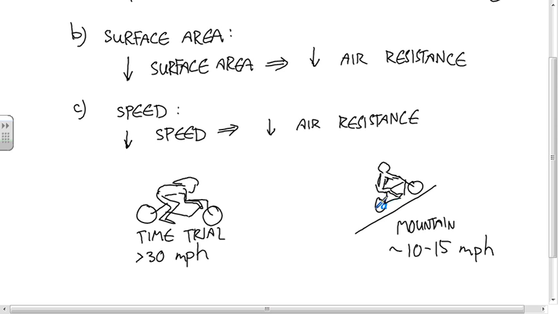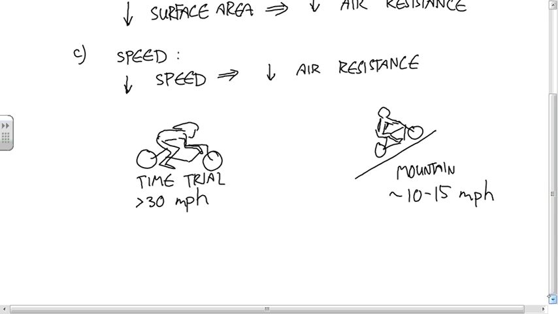Okay, so I want to just give a few examples of cases where the free fall approximation would be a good one and cases where it would be a bad one.